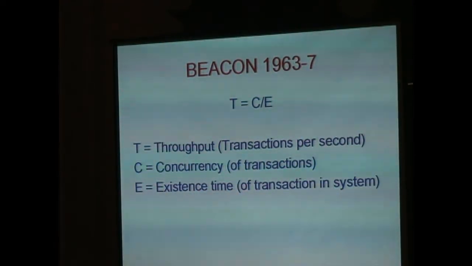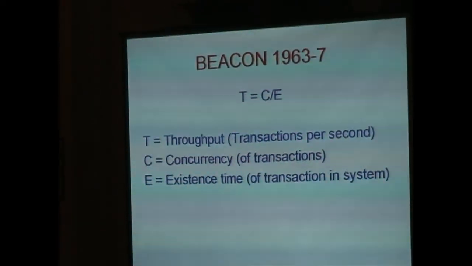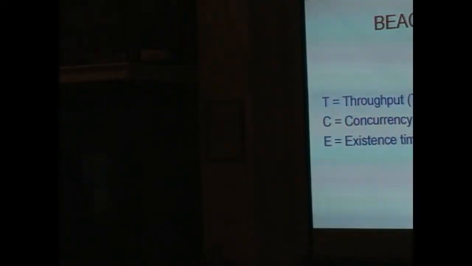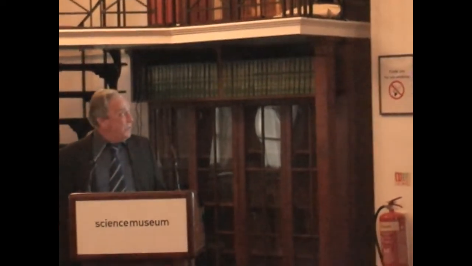And in fact, they managed to prove, with the aid of queuing theory, that you could exceed the physical speed of the disk drives, which suggested maybe there was a flaw in the calculation somewhere. So that simple little formula underlay the whole design of Beacon.